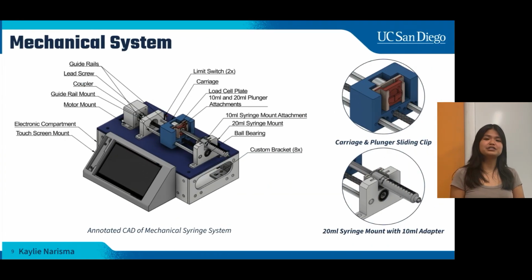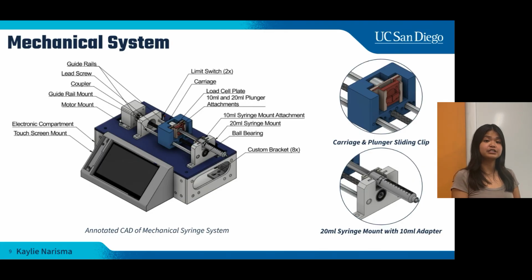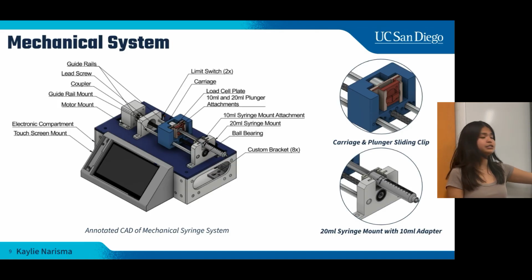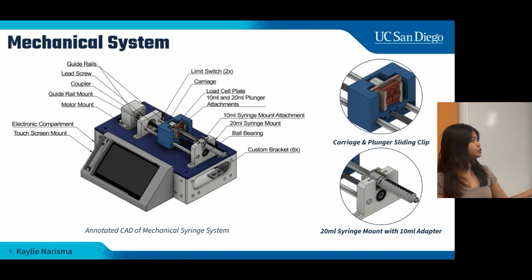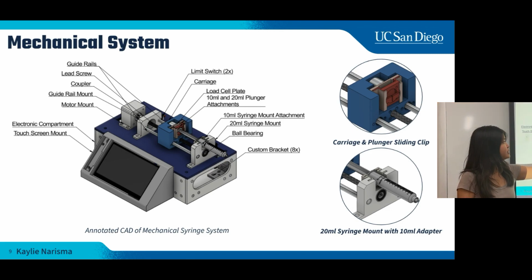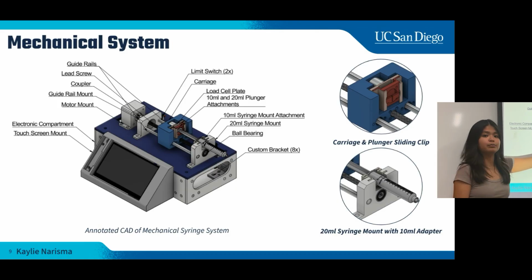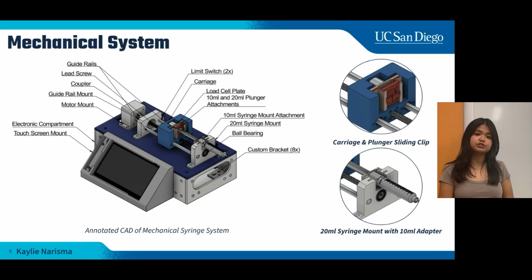Now for our mechanical syringe system, which links our controls and actuation systems. So here we have an annotated CAD of a mechanical syringe system, and 3 key design decisions were made making this. So our first is our carriage. Our carriage consists of a carriage, load cell, and load cell plate in order to detect pressure during aspiration and injecting procedures.